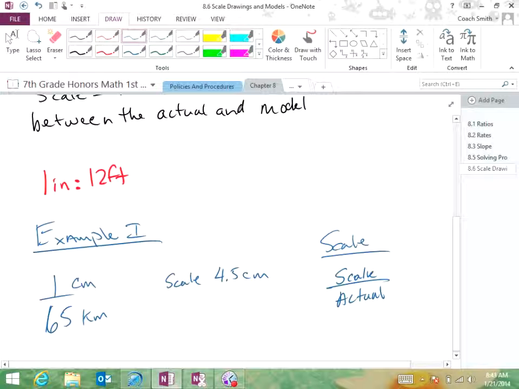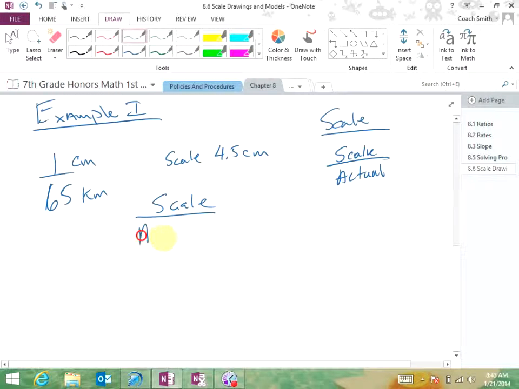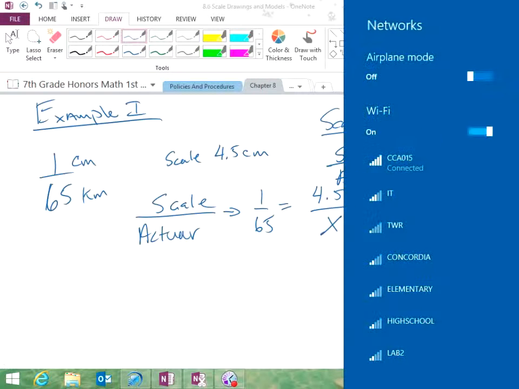So in this one, we are going to set up a proportion that has scale and actual. We know that our scale is 1 over 65. We know that the scale on our map is 4.5. So we're missing the actual distance.